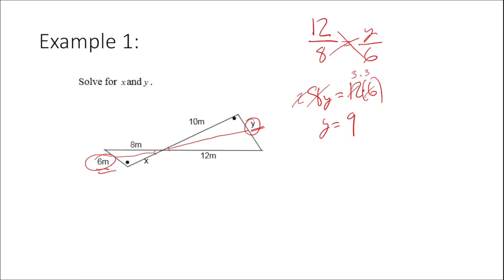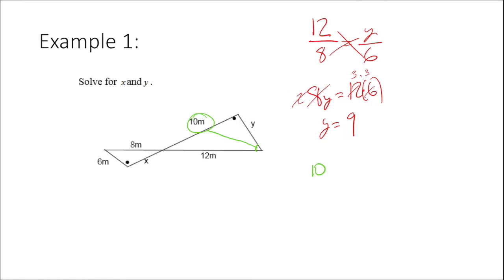And we can do the same thing. This side corresponds to that side, right? Let's erase some things. These opposite sides, this angle corresponds to this 10 on the large.